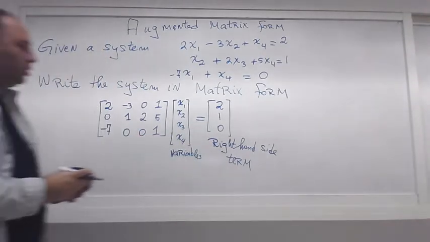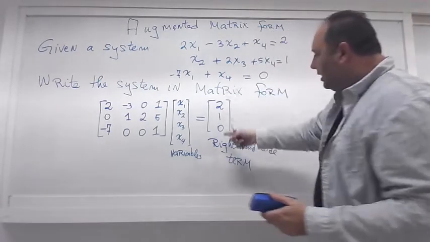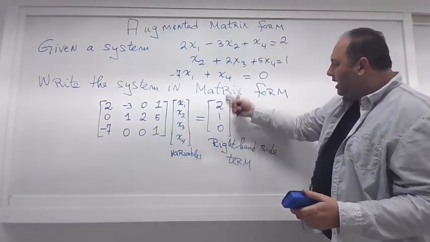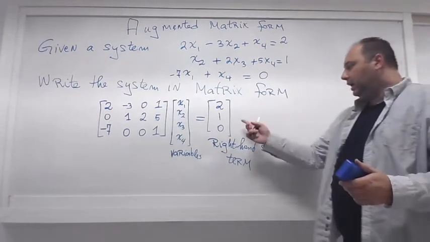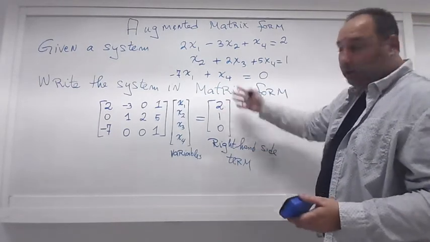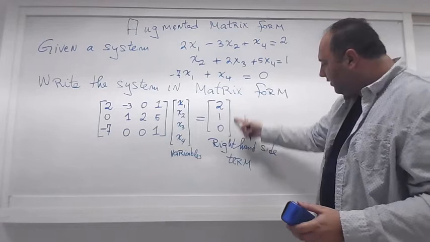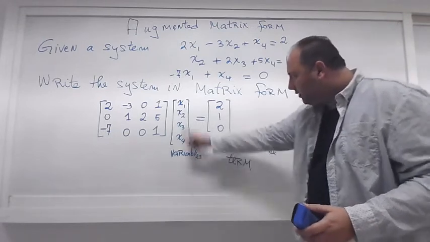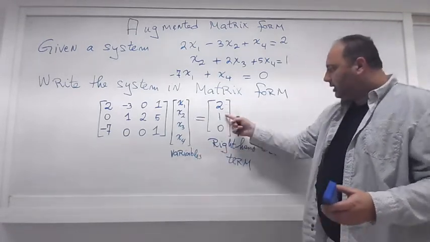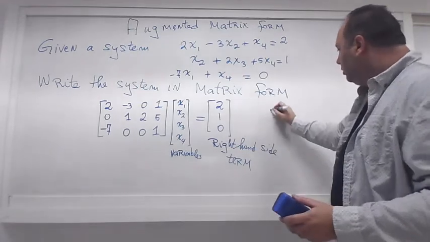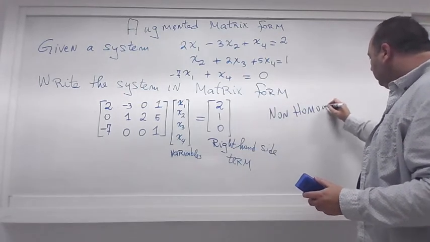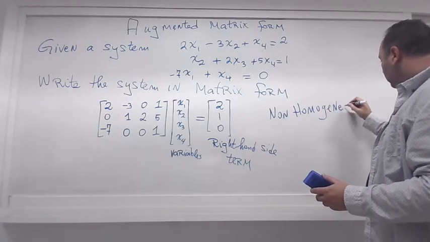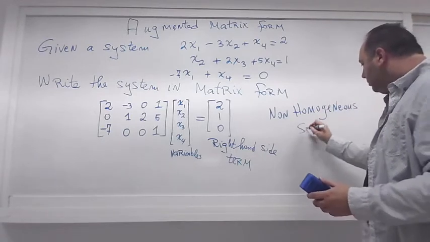So this is a non-homogeneous system because on the right hand side I have at least one of the entries of the vector different from 0. Actually there are two of them here. So this is a vector, and these are the entries. So just write non-homogeneous system.